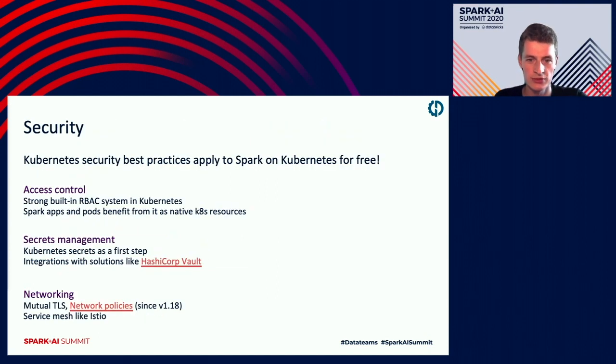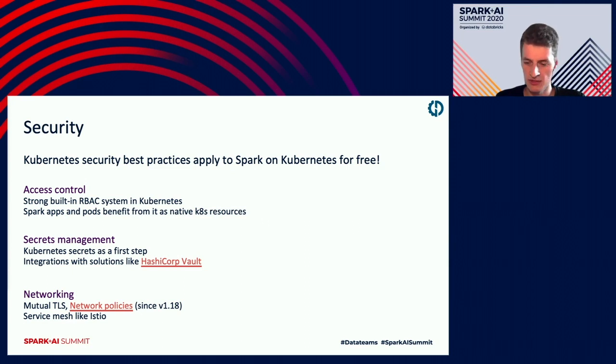One last word for me about security. This is an area where Spark can leverage the fact that it's running on Kubernetes. Kubernetes has a strong built-in role-based access control model and secrets management, and there's a plethora of open source projects that you can plug in to make your life easier, like Istio or HashiCorp Vault.